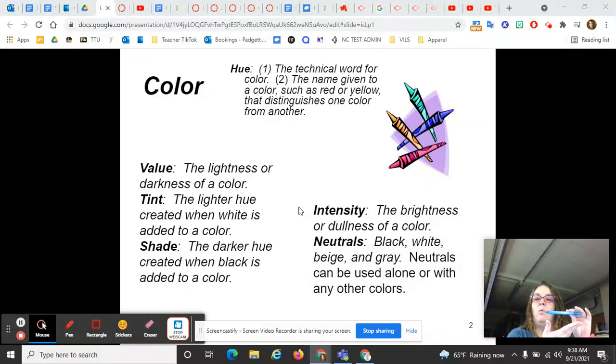You would say, "What hue is the pen?" Hue is the name given to a color, such as red or yellow or green, that distinguishes one color from another. When we talk about hue, we're talking about the technical word for color.